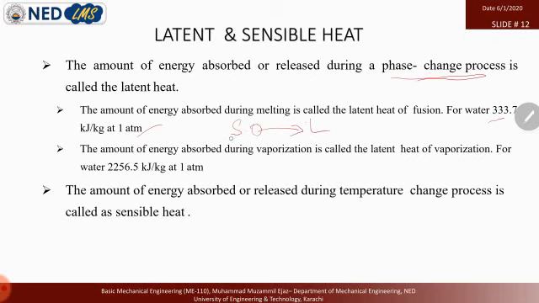For example, when ice becomes water, the process changes from solid to liquid, and it is the latent heat of fusion, and only a little amount of energy is required. But when the liquid phase converts into the gaseous phase, it is called latent heat of vaporization, and for this process you need high energy.